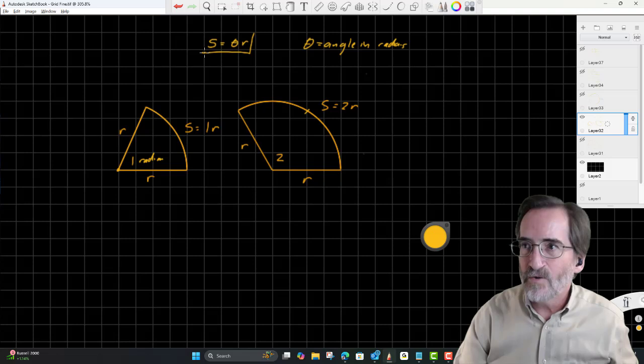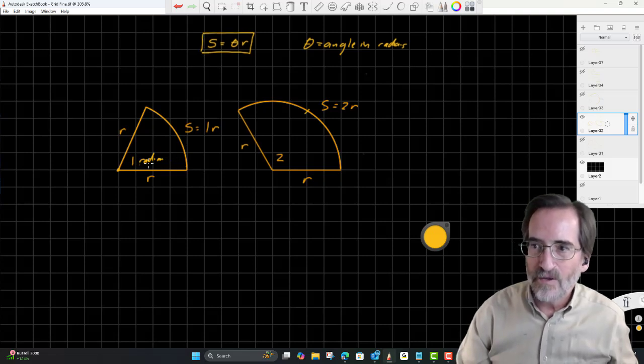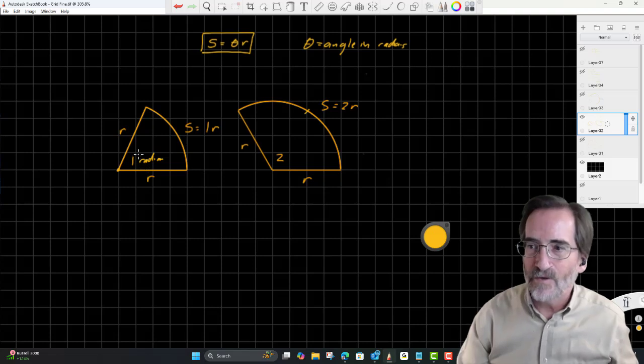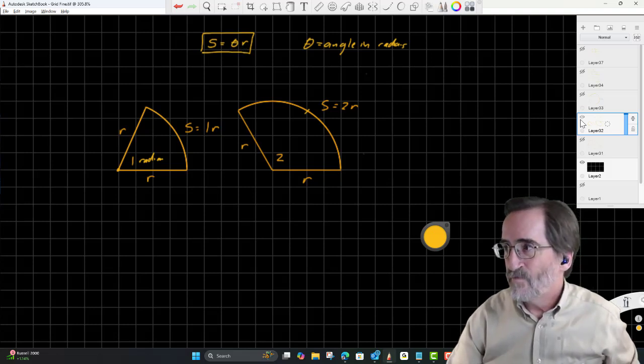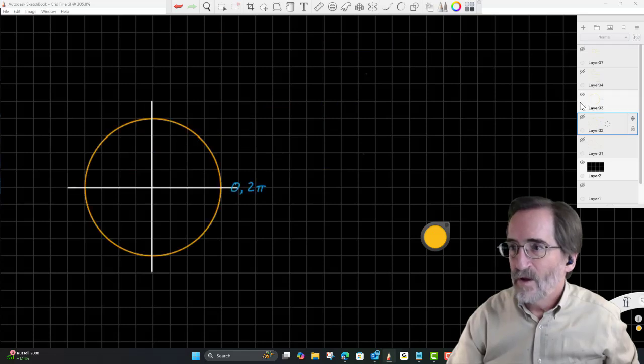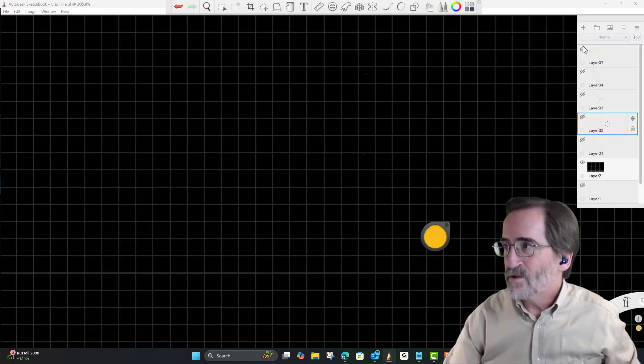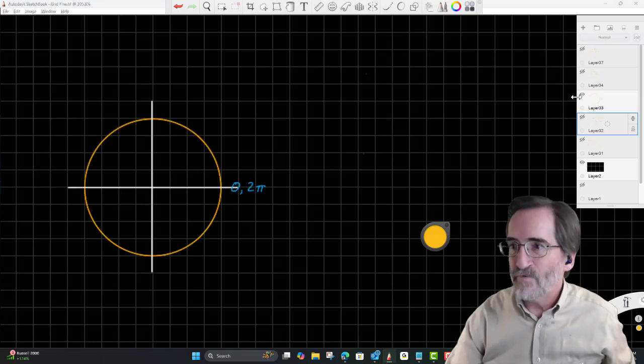If you need to know the length of an arc that's subtended by a radius and an angle in radians, all you need to do is multiply the angle in radians by the radius of the circle. Let me show you how that works. Actually, let me do this example first.